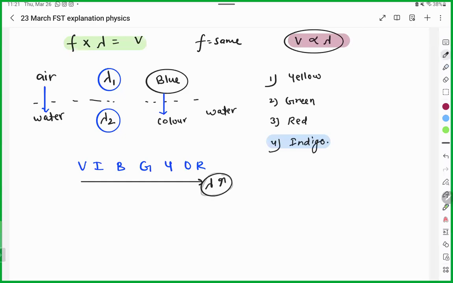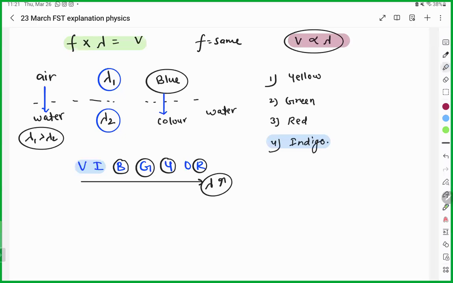It means red has more wavelength than blue, or yellow has more wavelength than blue, or green has more wavelength than blue. But in this question, we are saying wavelength of the first one is greater than wavelength of the second one. It means lambda 2 is less. Only possible two options are either violet or indigo.